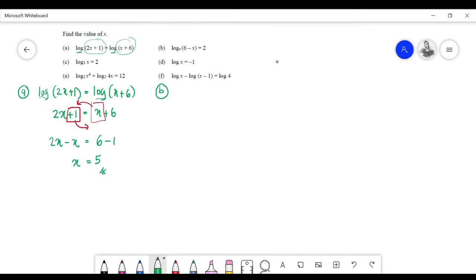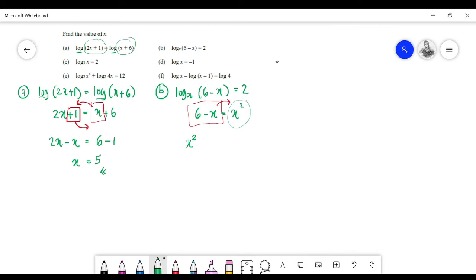Okay, so for B, you have log with base x, and the argument is 6 minus x, equal to 2. This one you can convert it to the exponential. So you will get 6 minus x here equal to x to the power of 2. Okay, I bring all of this to the right hand side, because I want to keep the quadratic equation in positive value.